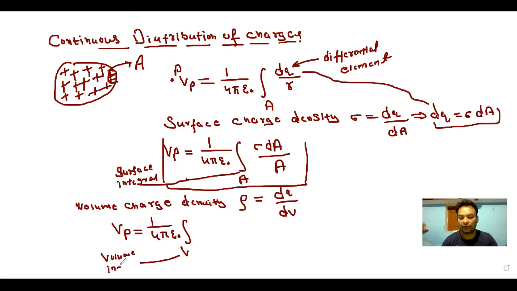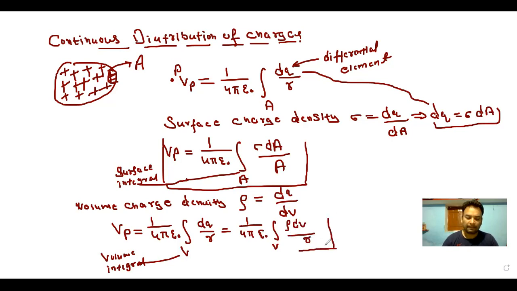वॉल्यूम को हमने इंटीग्रेट किया और वैसे ही किया हमने यहाँ पे स्मॉल चार्ज लिया dq और dq upon r. So now we will place the value of dq. So we will get 1 upon 4 pi epsilon naught, and this is a volume integral, and dq is replaced by rho into dv divided by r. So this is the method to find the potential for continuous charge distribution.